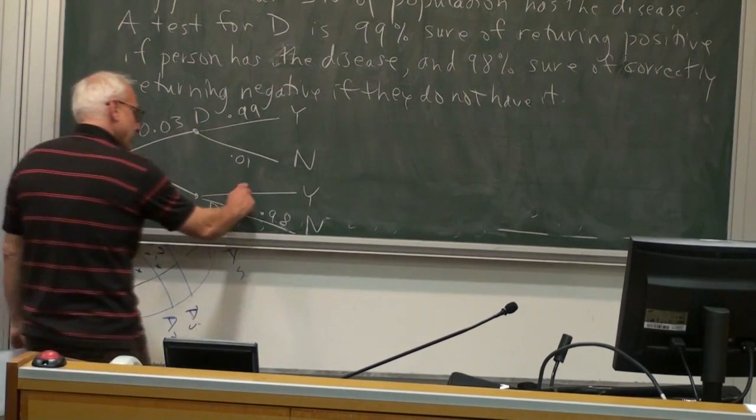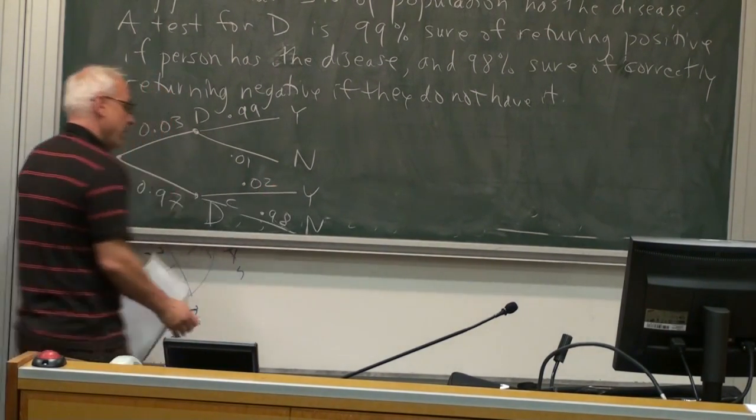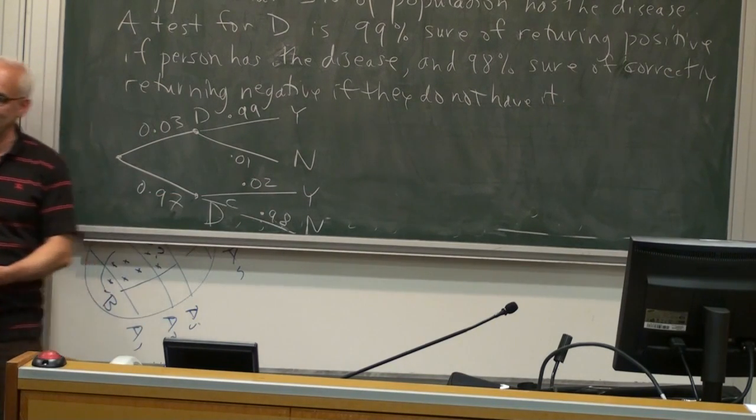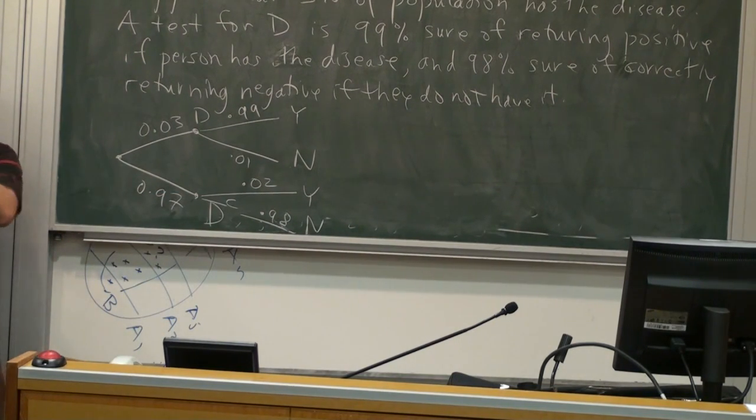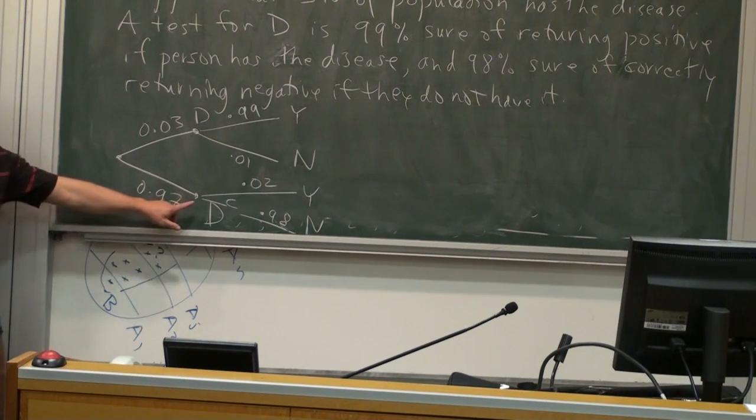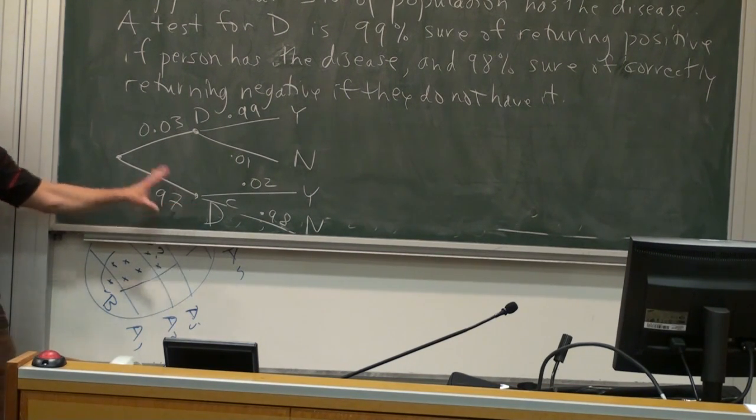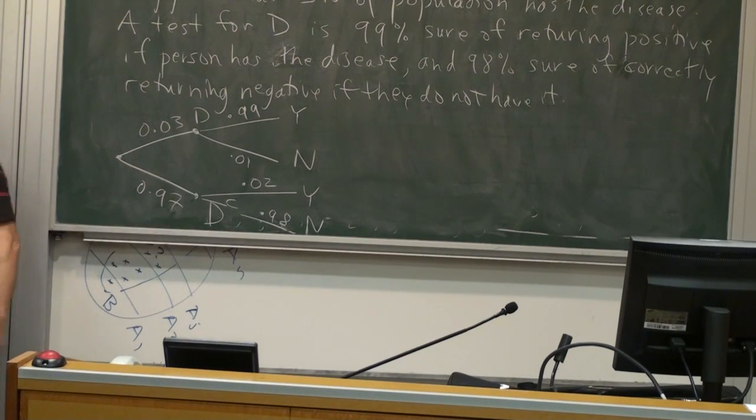And we have to put a 0.02 up here because there's a 2% chance that the test is wrong, and then it tells you that you have the disease even though you don't. So this tree diagram represents the various possibilities that can come out when you take a random person, say you, and you apply this test to see whether you have this disease or not.